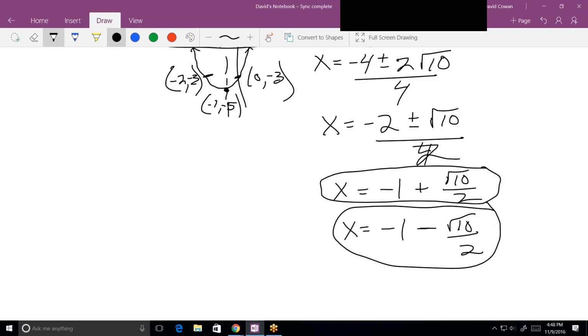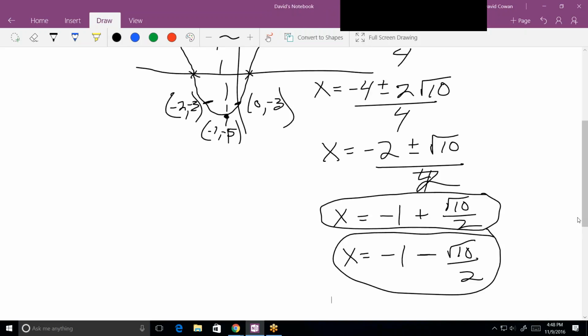If I go up to my graph, this intercept on the right there is minus 1 plus root 10 over 2, comma, 0, the y-coordinate. The one on the left is what?